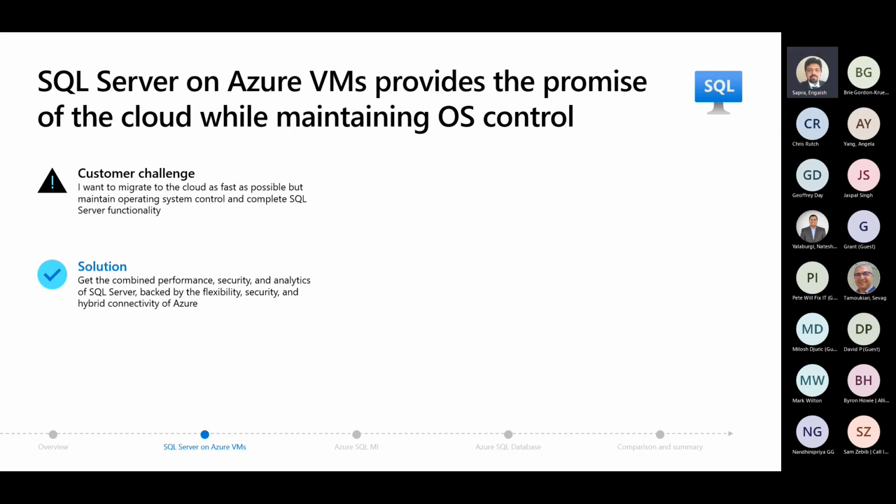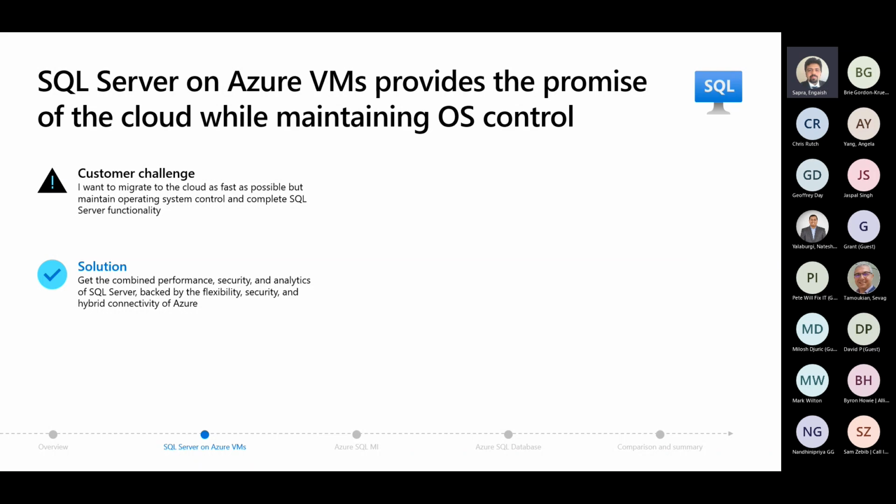Now, let's talk about certain use cases, or why we would use SQL Server on Azure VMs. SQL Server on Azure VMs is the IaaS offering. What it is best for is migrating applications that require OS level access.